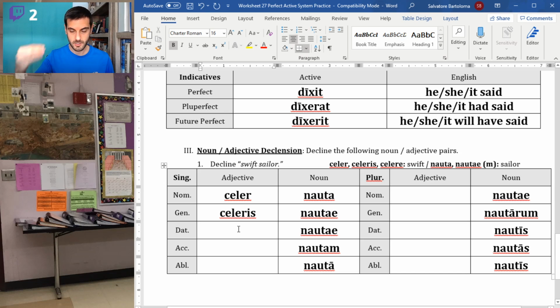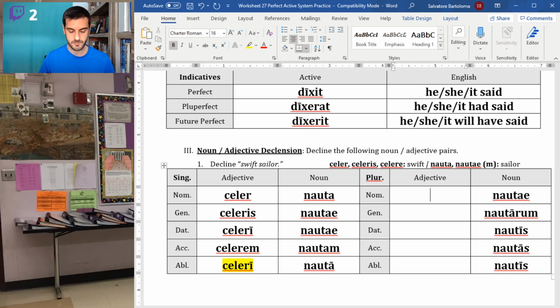We're in third declension mode now, so celer, celeris, celeri, celerem. Oh, it just auto-corrected me to celery. Get out of here. Celer, celeris, celeri, celerem. And then the ablative singular, this is one of our i-stem forms, celeri, which is pronounced celery, not celery.